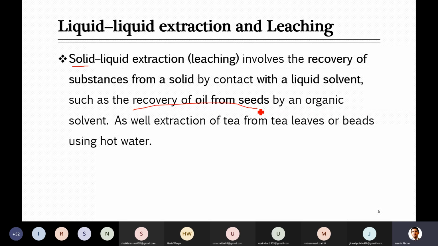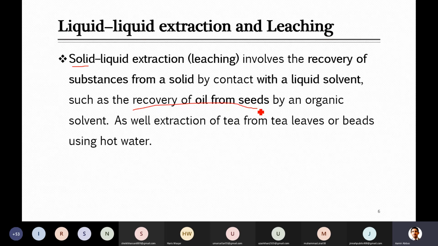It means your feed is now solid, but you are bringing it in contact with some liquid. As well, if you remember from the start of this semester, in the first lecture when we discussed some common separation techniques, I told you that when you put tea bags or tea leaves inside the hot water, something is extracted from those tea leaves.